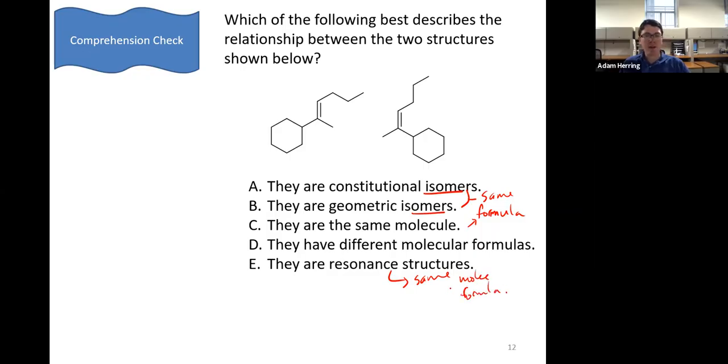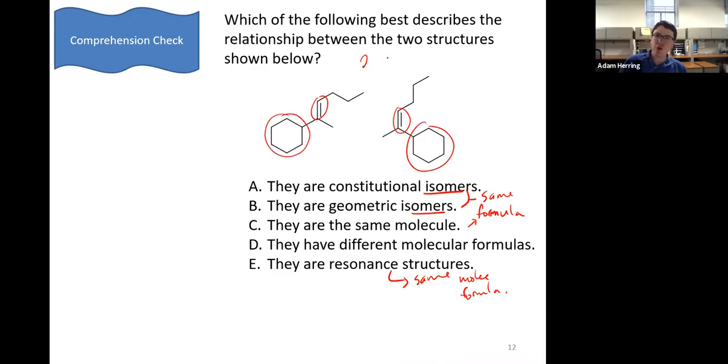So let's start by first looking at the structures. Do they appear to have similar molecular formulas? They do. Something you should also be able to recognize is that they both have a double bond, and they both have a ring structure.